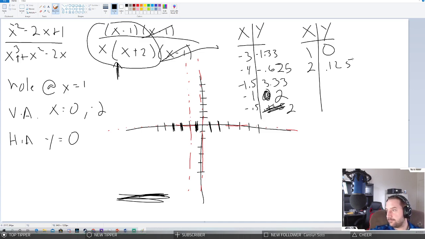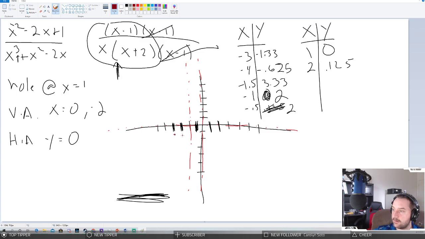So, plotting these values, at negative 3, we said it was negative 1/3. So that's about right here. And then at negative 4, it was going to be negative 0.625.